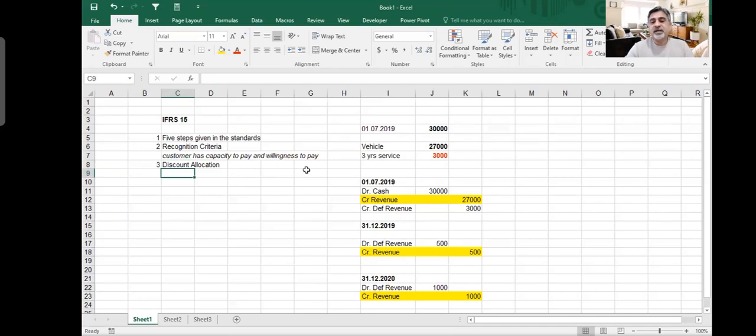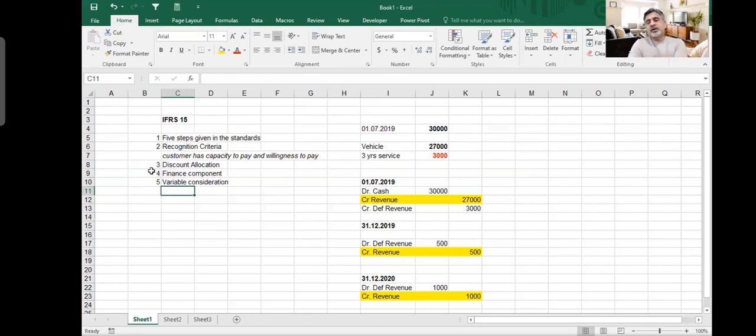Number 4, you should be comfortable with finance component, calculating the finance component. And number 5, you should also be comfortable with variable consideration. Let me now handle all of these 3 points one by one: discount allocation, variable consideration, and finance component.